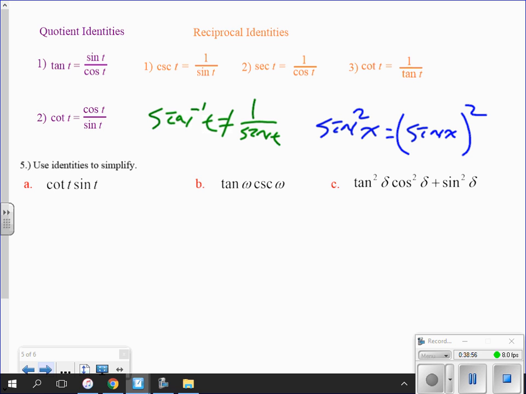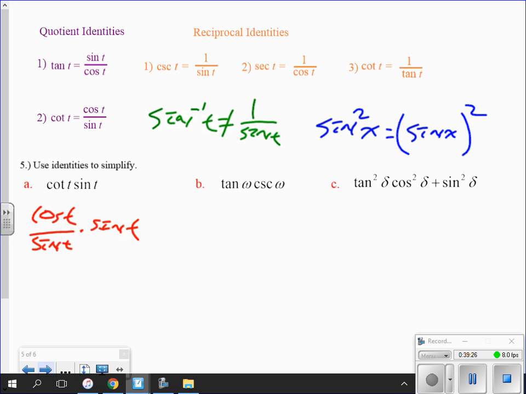So I rewrite this as the cosine of t over the sine of t times the sine of t. What did I do? I just rewrote the cotangent in terms of sine and cosine.